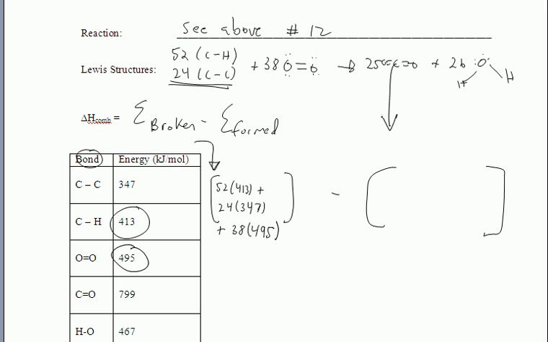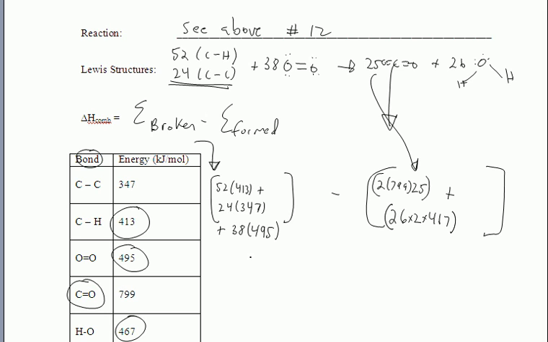Bonds formed, we have the carbon dioxide, which will be 2 times 799 times 25 for the 25 carbon dioxides, you can put that in parentheses, plus 26 times 2 times the oxygen-hydrogen bond, which is 467.